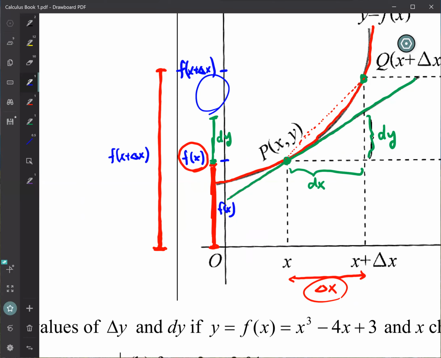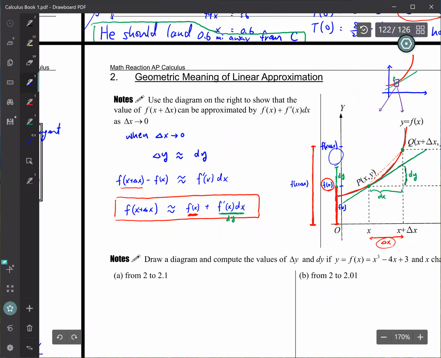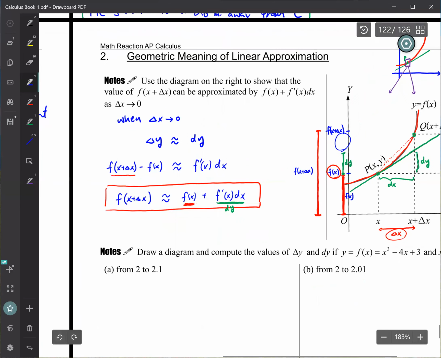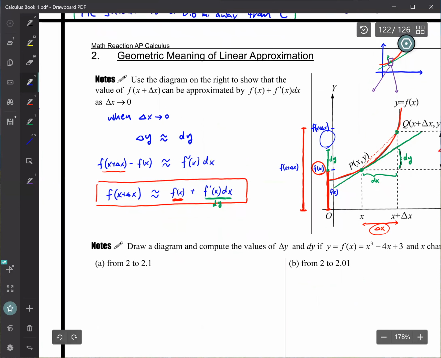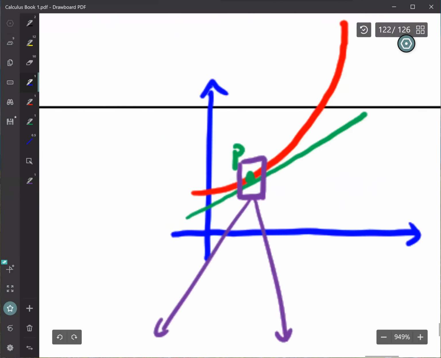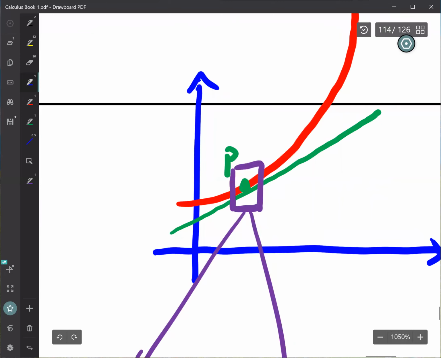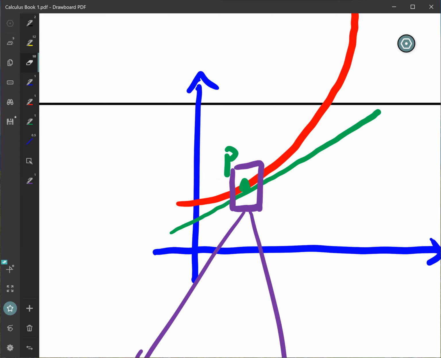That's the idea, just trying to show you a different way to look at the formula so that you can remember it more easily. Any question? You can see the gap only because we zoomed in. Otherwise, inside the purple box, there's no gap in between. The red and the green are just touching each other.